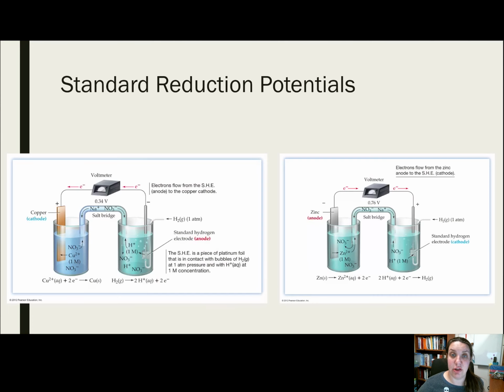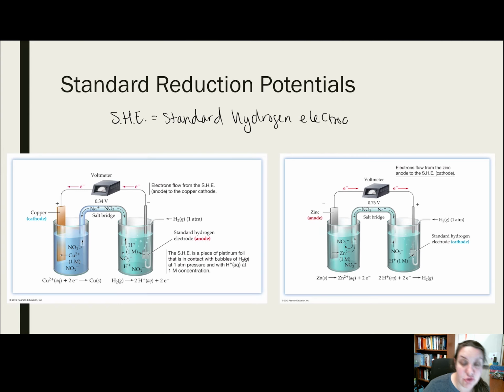Our standard hydrogen electrode, or SHE, is used in order to determine reduction potentials. So they compare the reduction of any species or oxidation of any species versus hydrogen. So on the left, we see hydrogen gas going to H plus and 2 electrons.